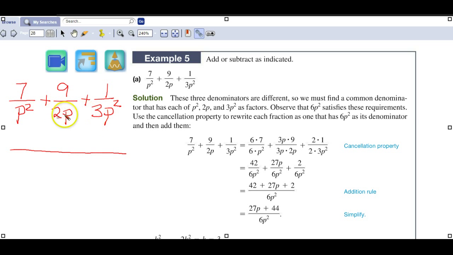Well, for the number part, I'm going to need a 6. And I just went 2 times 3 to find it. And for the p part, I'm going to need the highest exponent, which will be p to the second power. So that's my denominator.